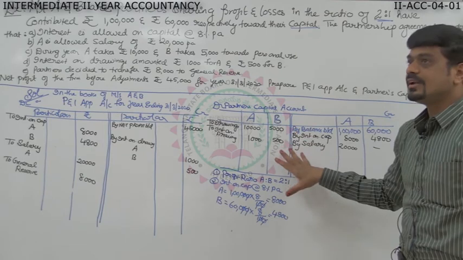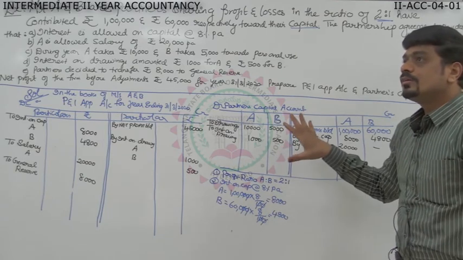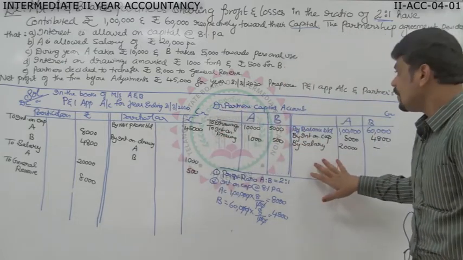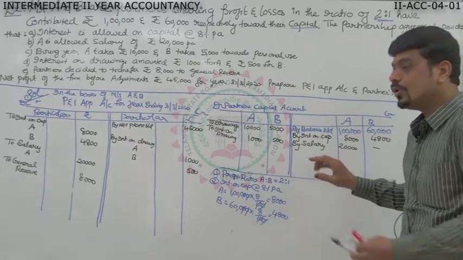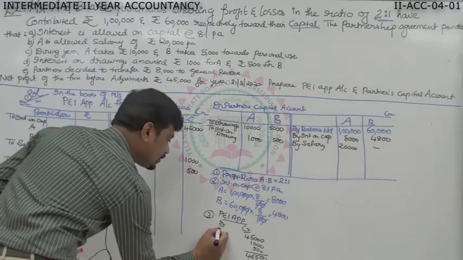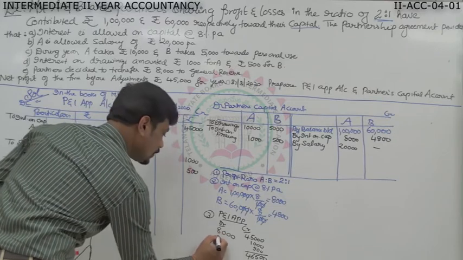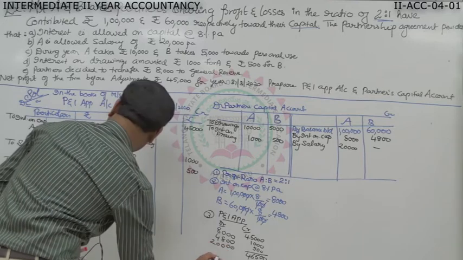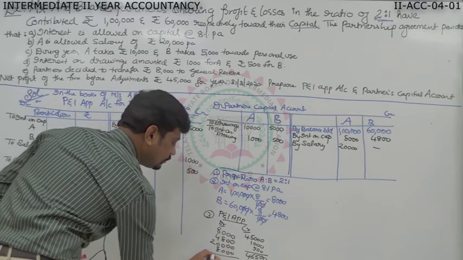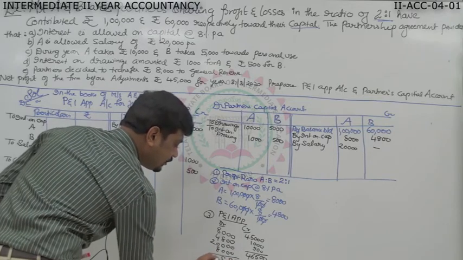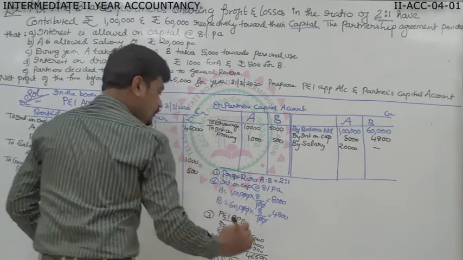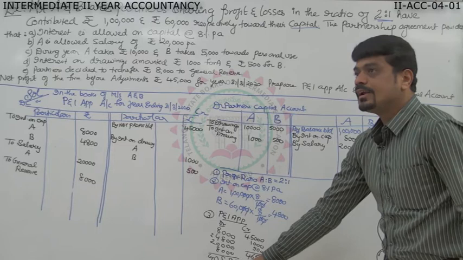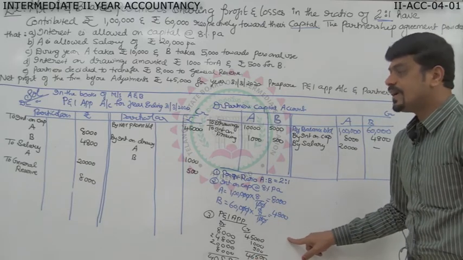Like that, you are going to make first the postings. Once your postings are ready, you are going to do the workings for calculating the divisible profit and calculating the balance of partner. So, again, first 8,000, 4,800, 20,000 and 8,000. That was 40,800 debit total, 46,500 credit total.